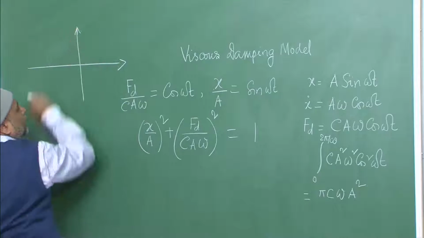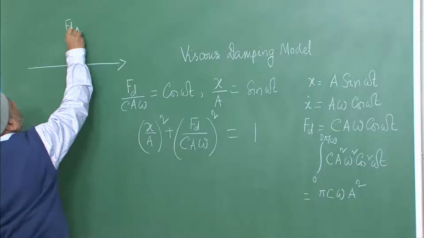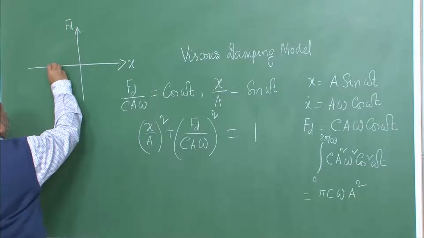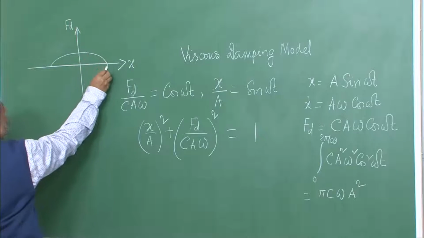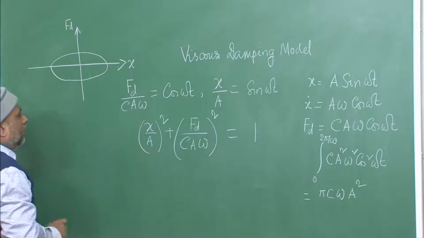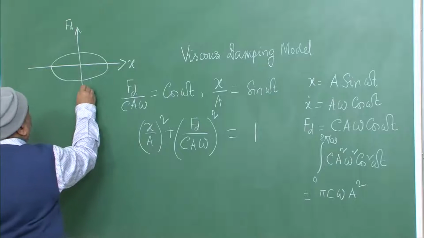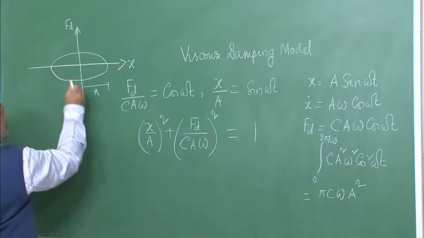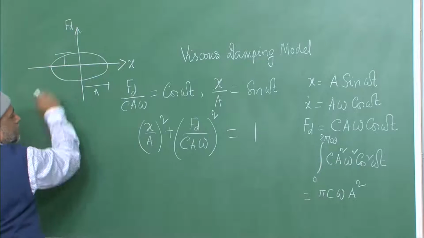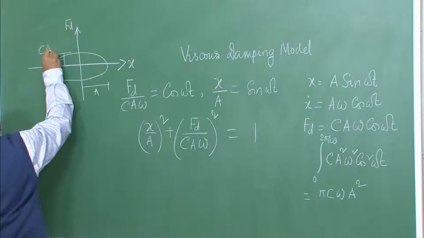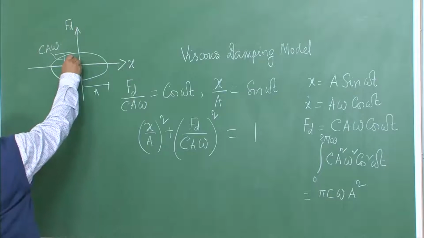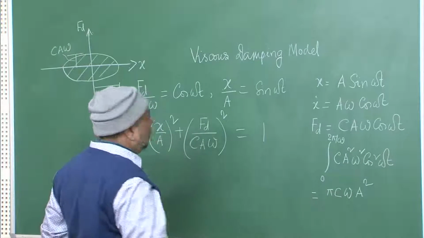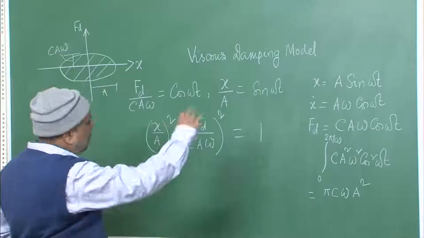So, if we plot F d over x, this will take the form of an ellipse, such that the semi-axis of the ellipse is the amplitude A, and in the other direction it is c A omega, and the area under the curve is essentially the energy that is dissipated per cycle in a viscous damping material.